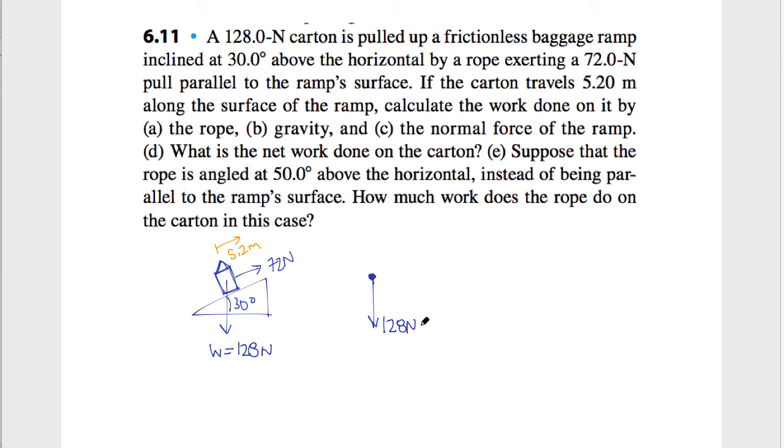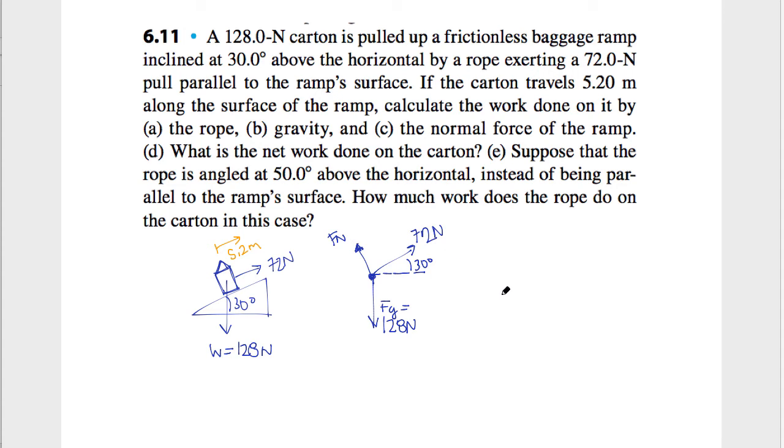That's my force of gravity. I have 72 newtons acting up and to the right. And this is acting at 30 degrees to the horizontal. And there is a normal force that is up and to the left that is unknown.